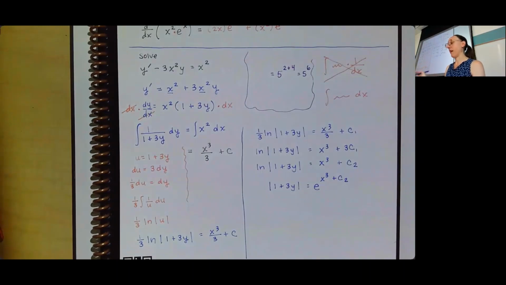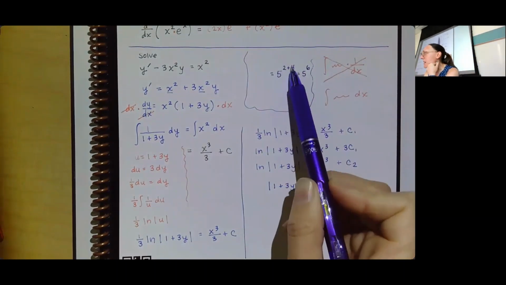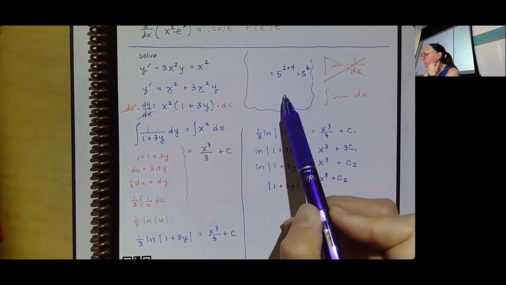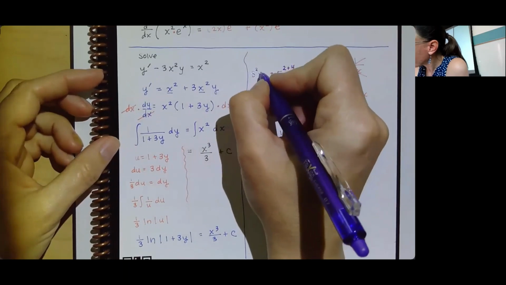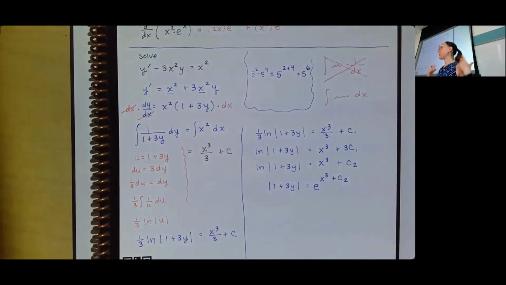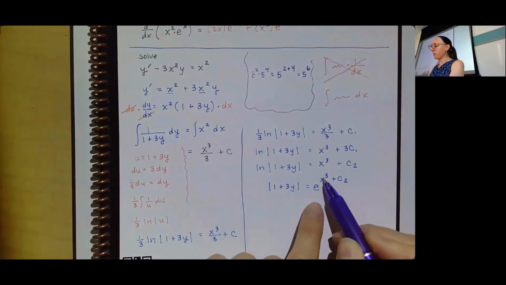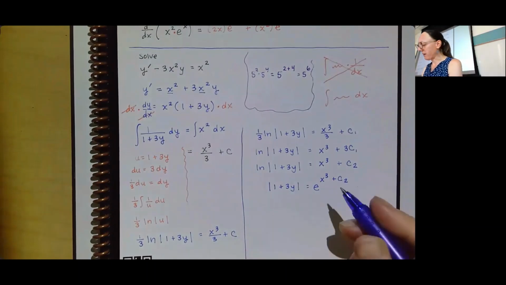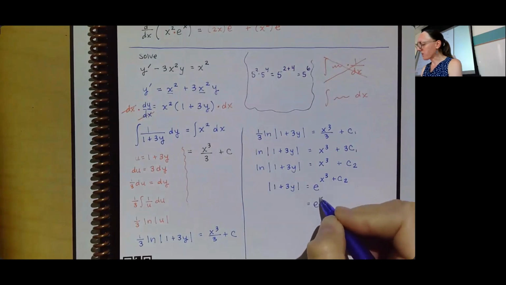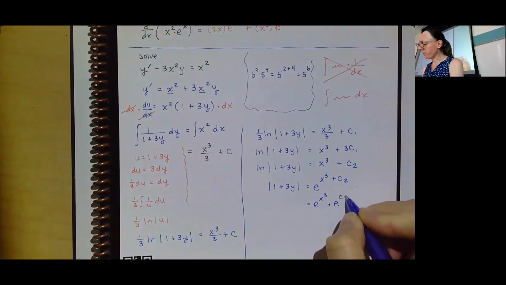I do not want you to do 5 to the 6th out. Just looking for other ways that I could rewrite this piece. That's just kind of using our exponent rules. So right here, I have e to the something plus something, which means that I can rewrite that to be e to the x cubed times e to the c2.